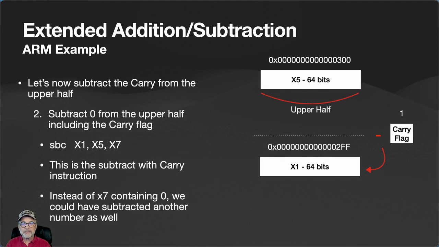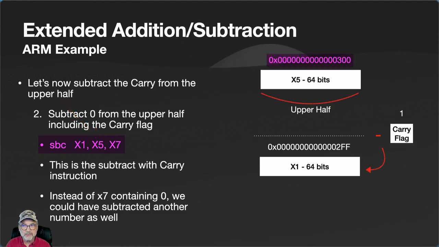So now we have to subtract that carry flag from the upper half, and we use SBC, subtract with carry. We subtract x7, which is 0, from x5, which has our hexadecimal 300 in it, and that will be put in x1 after it also subtracts the borrow.